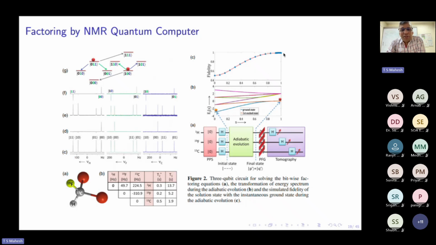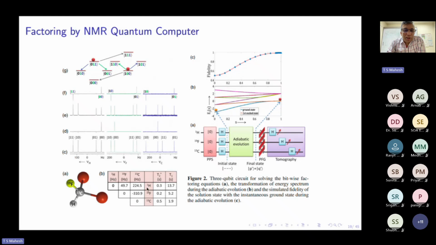You are still in the ground state, so the job is now just to measure the ground state. If you measure the ground state, you get these: 0, 1, 1 and 1, 0, 0. These are experimentally implemented using this molecule. There are 3 qubits here, hydrogen, carbon and fluorine, and they have these specific interactions between the qubits.